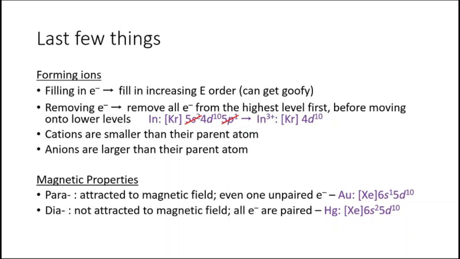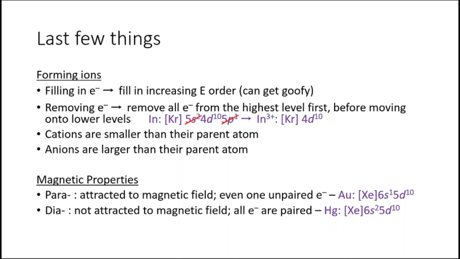An example of this is gold. And so in gold, remember, gold is one of those funky ones that has a half-filled orbital and a completely filled orbital. Gold is xenon 6s1 5d10. Because this is 6s1, it has one electron in that s orbital. Your 5d10 is completely filled up. All those electrons have an up arrow with their down arrow.